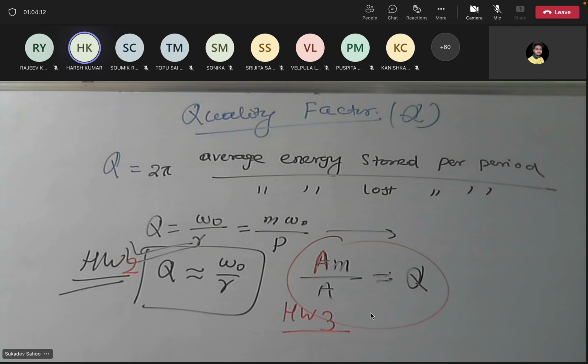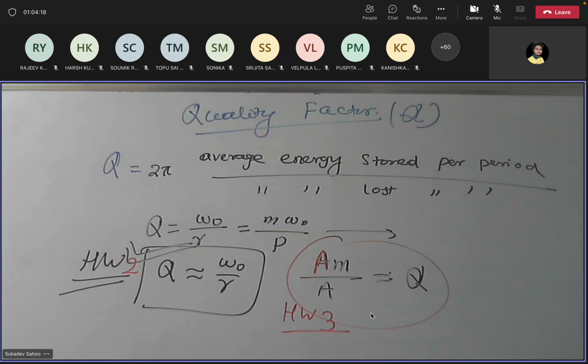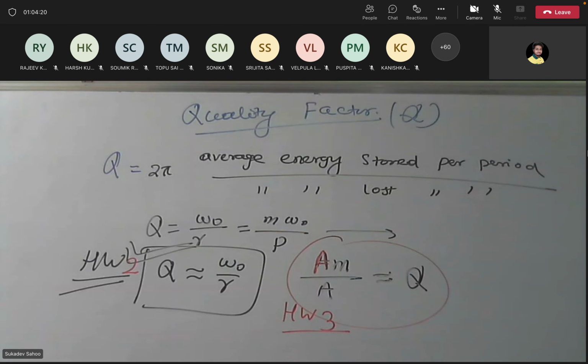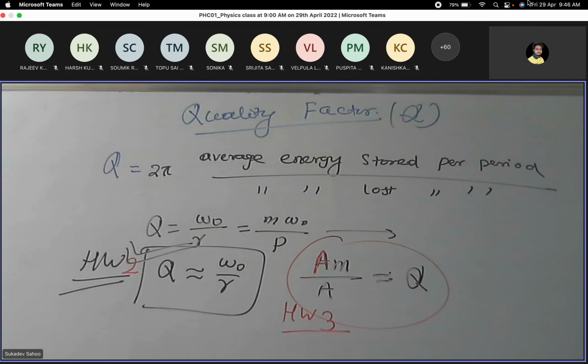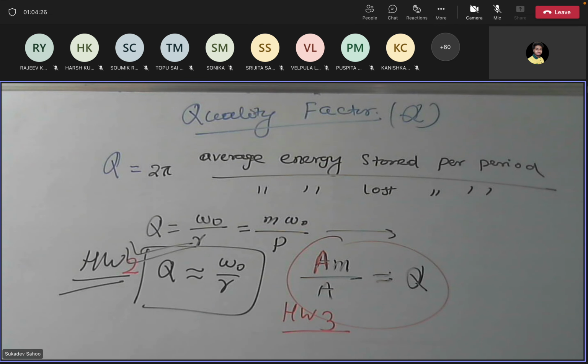Sir, what was the condition for third HW? At low driving frequency. At low driving frequency, the quality factor is equal to the amplification factor.